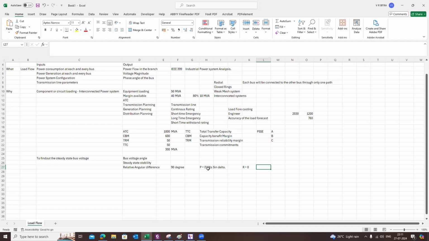But still, it gives some interesting information: when the power flow is established between two sources, there should be an angular difference between the sending end and the receiving end.